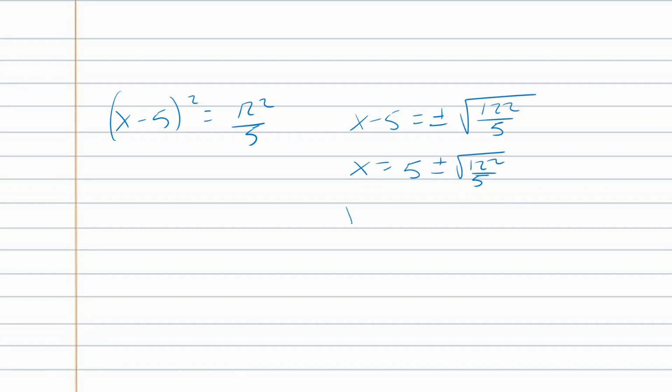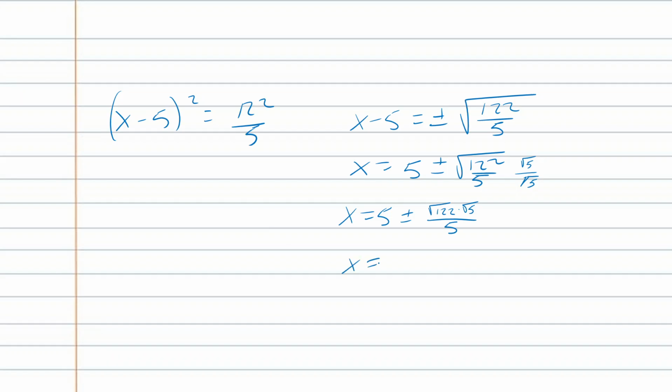If you were to go through here and do that, you'd be looking at 5 plus or minus, you're basically multiplying this last piece here by the square root of 5 over the square root of 5, so that it would be the square root of 122 times the square root of 5 all over 5. 122 times 5, you can double check me, but it should be 610. Indeed.